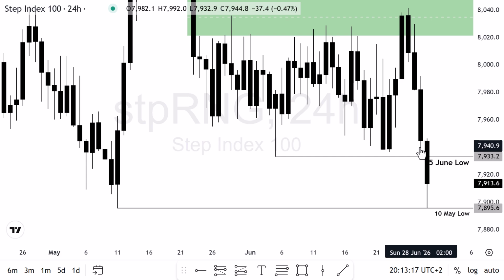So there is this thing that is repeating in nature in Step Index. Whenever it creates the low of the day, and I just said in the previous videos that I'm going to be dropping a video explaining the low of the day or the high of the day or of the week.